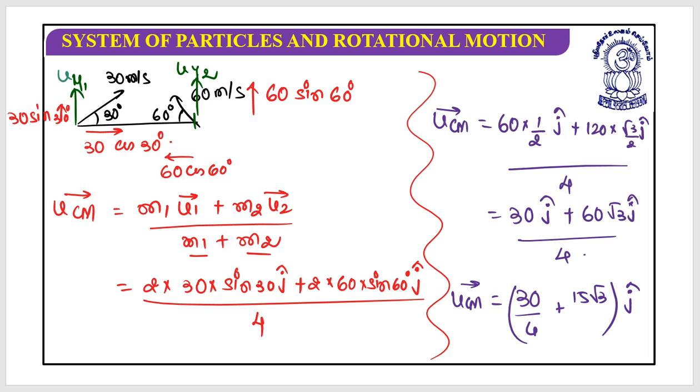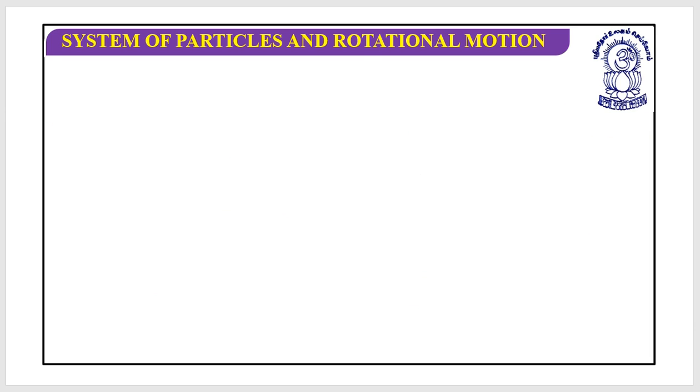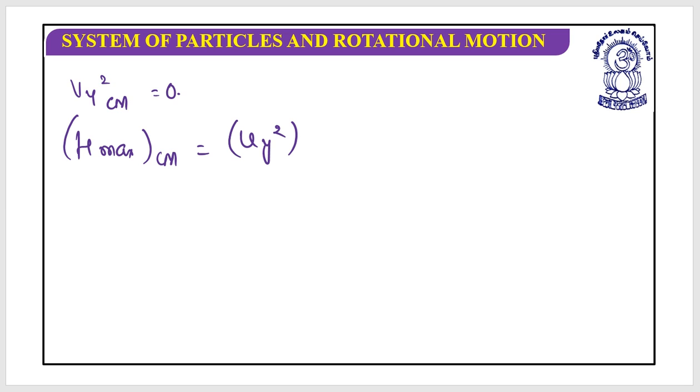Is it clear? So what you need to do is, Vy square of CM would be equal to 0. So this H max of center of mass is equal to Uy square of center of mass divided by 2g.